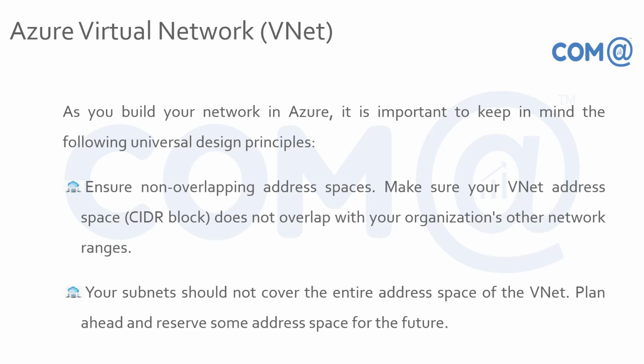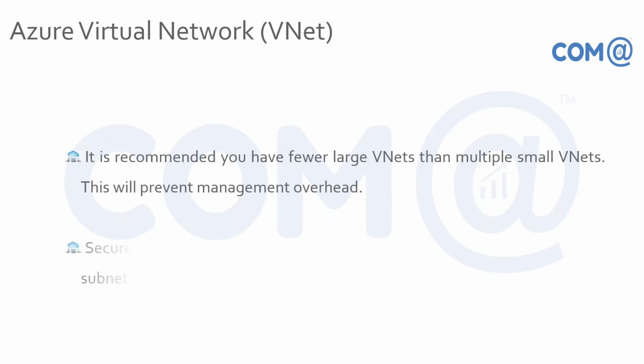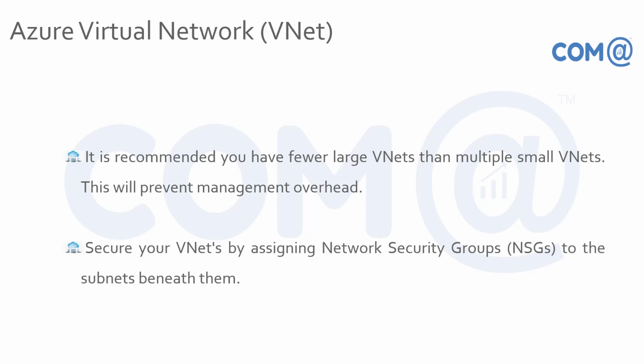Your subnet should not cover the entire address space of the VNet. Plan ahead and reserve some addresses for the future. It is also recommended to have fewer larger VNets than multiple small VNets, as this will prevent management overhead. And you can secure your VNet by assigning network security groups to the subnets beneath it.